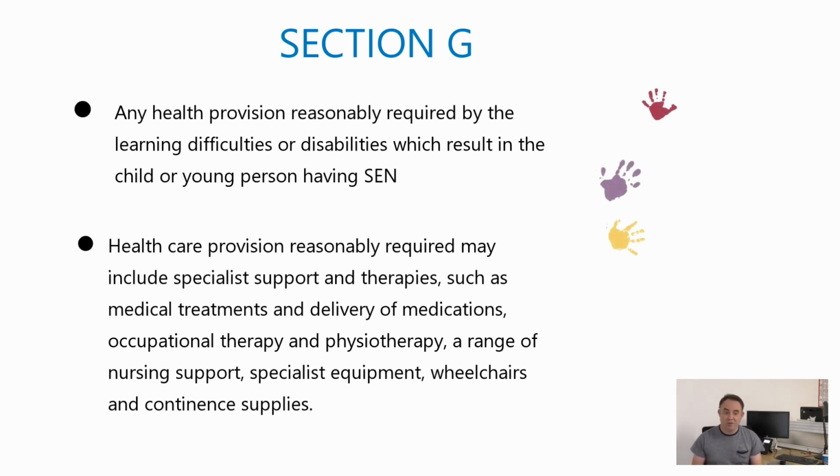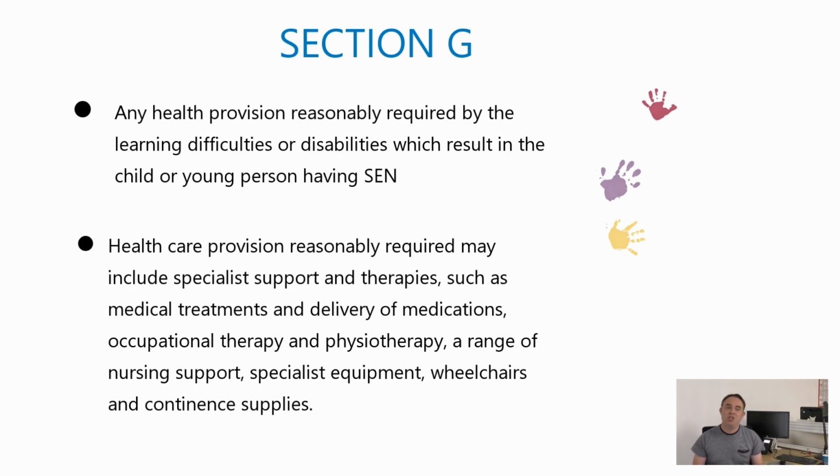So in my experience, it typically involves things like medical treatments, the administration of medication, some therapies that don't educate or train the child, perhaps psychological input that comes through the child and adolescent mental health services, perhaps nursing support comes in here, specialist equipment, perhaps like wheelchairs. Those kind of things tend to fall within Section G.